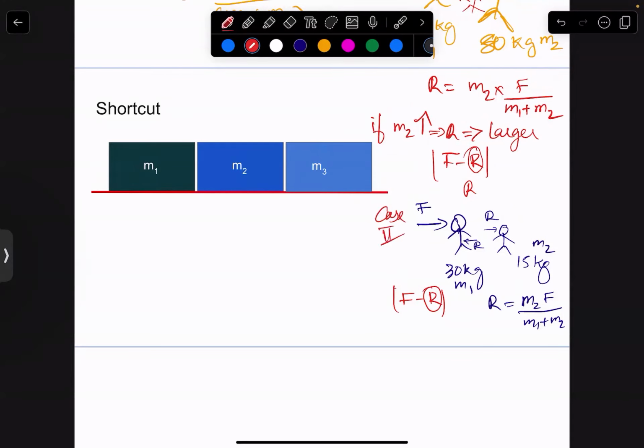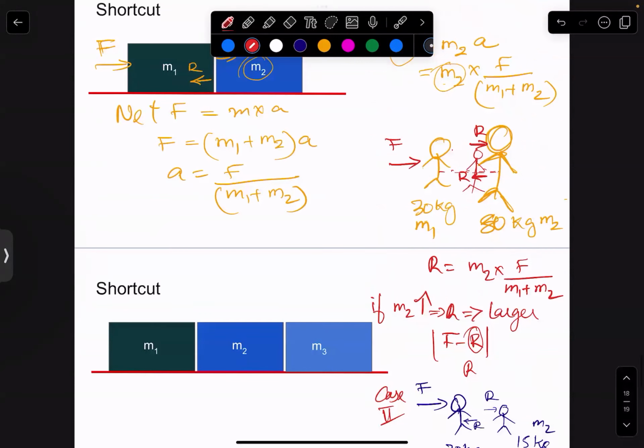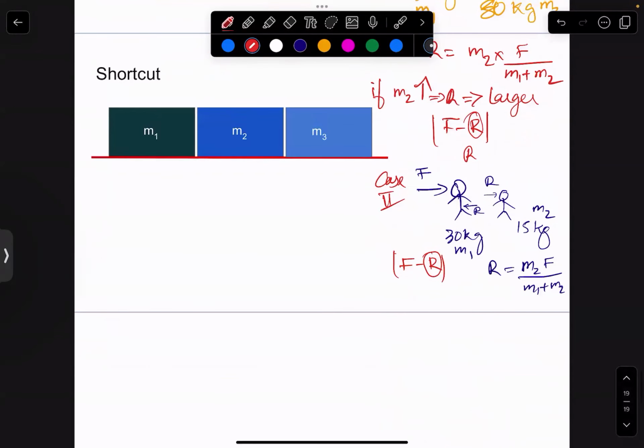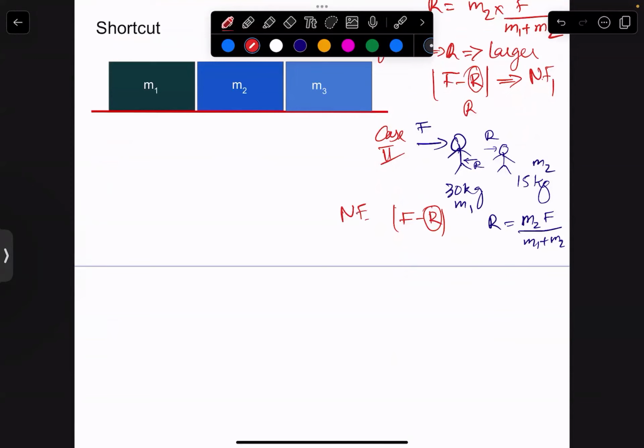This is case 2. This is case 1. So in case 1, the child is experiencing F minus R. So we will take it as net force 1. So this is net force 2. Here, this net force 2 will be greater than net force 1.